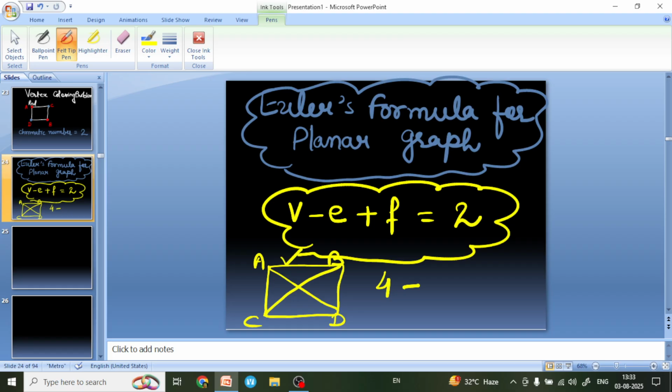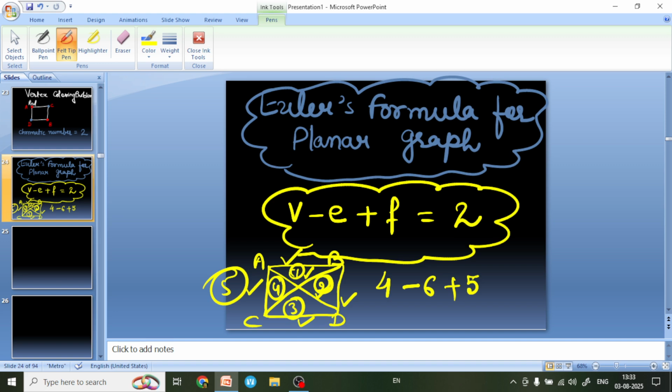How many edges? 1, 2, 3, 4, 5, 6. How many faces? 1, 2, 3, 4, 5. Now check whether it is wrong or not.